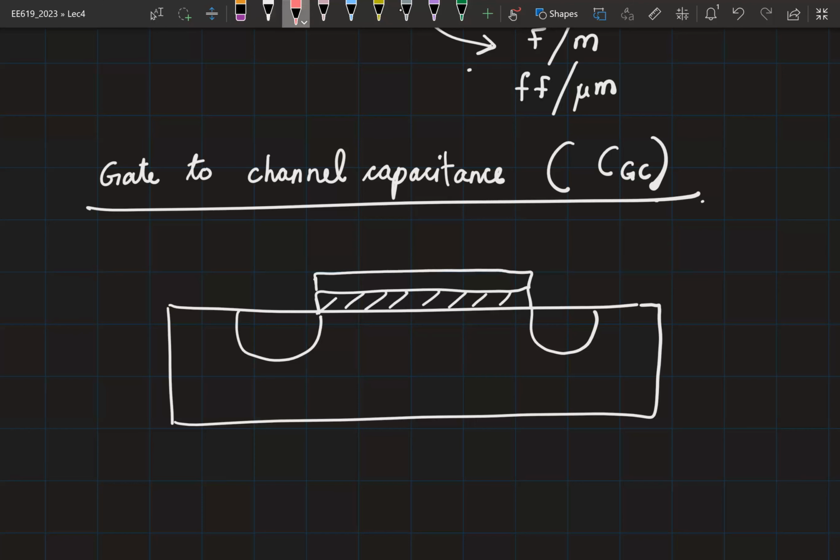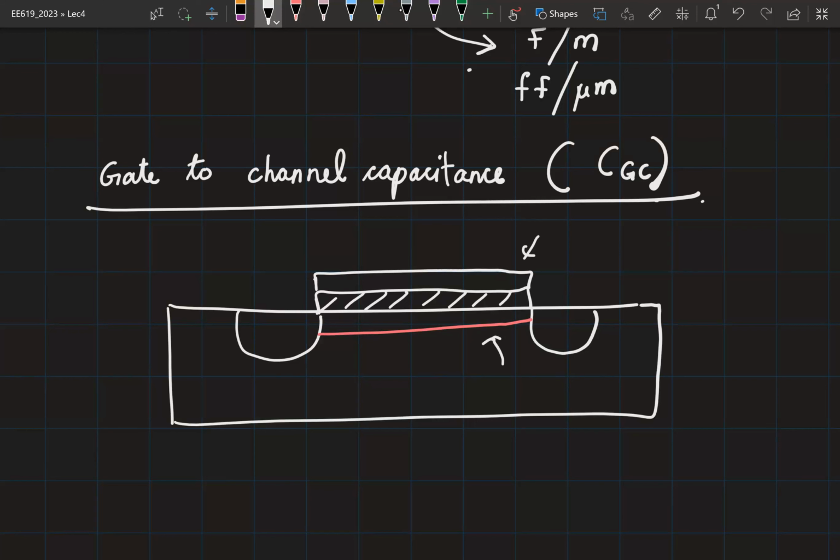So now we are talking about the capacitance present between the gate and this channel, right? Now, of course, we don't have a channel terminal as such in the MOSFET. So we would like to represent this capacitance also in terms of the nodes that are present in the symbol, right? So we will have to break down this gate to channel capacitance and associate it with the nodes available to us.